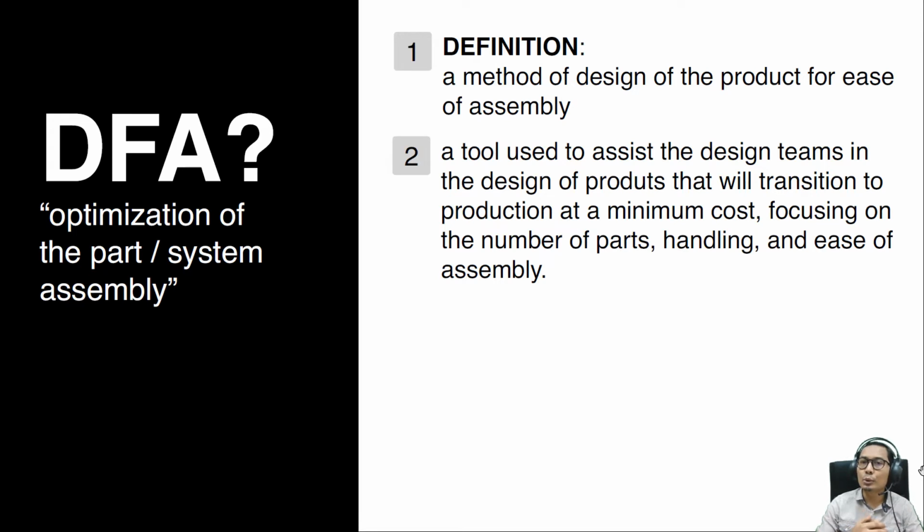DFA is a tool used to assist the design teams in the design of products that will transition to production at a minimum cost, focusing on the number of parts, handling, and ease of assembly. So these are a few important factors for which DFA is beneficial: to minimize the cost, to minimize the number of parts, and handling and ease of assembly.